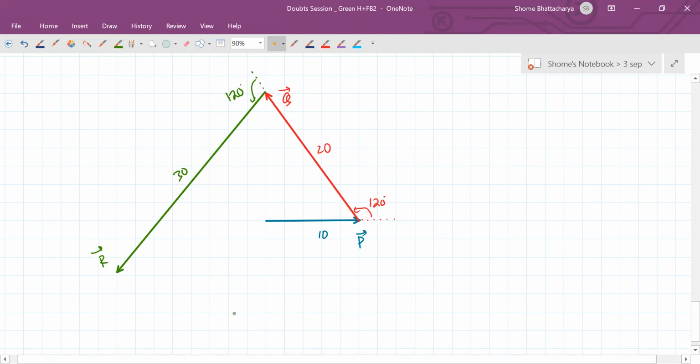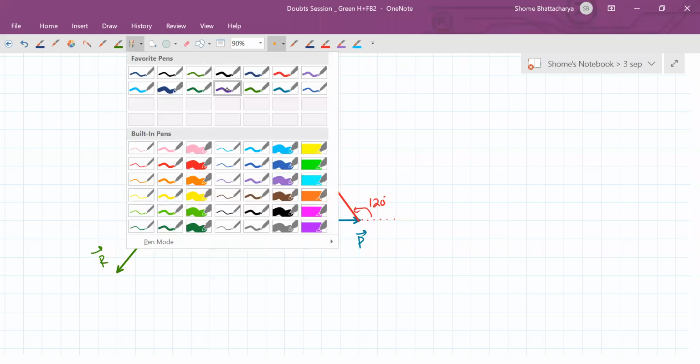So now in this, what is our resultant sum of P, Q and R? It will be from the origin of P, which is nothing but this point over here, to the head of the last vector, which is this one. Okay. So the resultant sum of all these vectors will become this one.